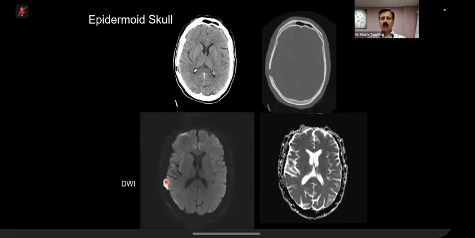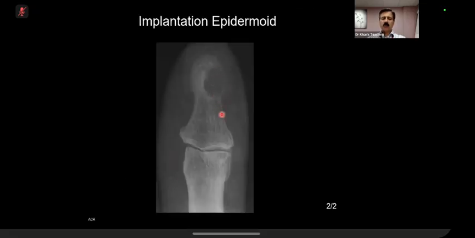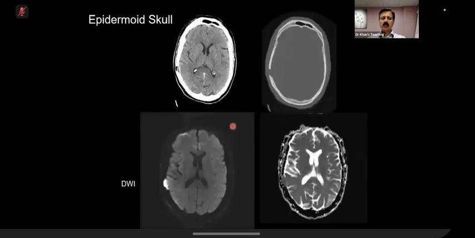So if I don't have a diffusion weighted scan for this, but if I had, this lesion will show restricted diffusion. Just to make a point, I'm showing you an epidermoid of the skull, which per se is an exam case. Usually an epidermoid of the skull will be a lytic lesion with sclerotic margin, and it is showing restricted diffusion.